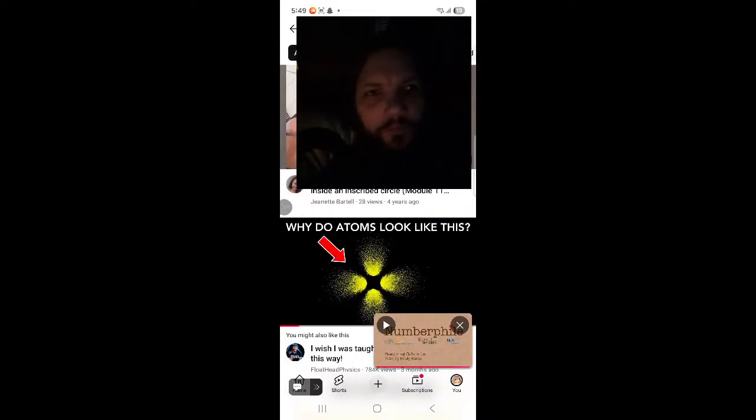Or it's, don't quote me on it, but it's about that. It's the speed versus the area of an orbit of an electron.